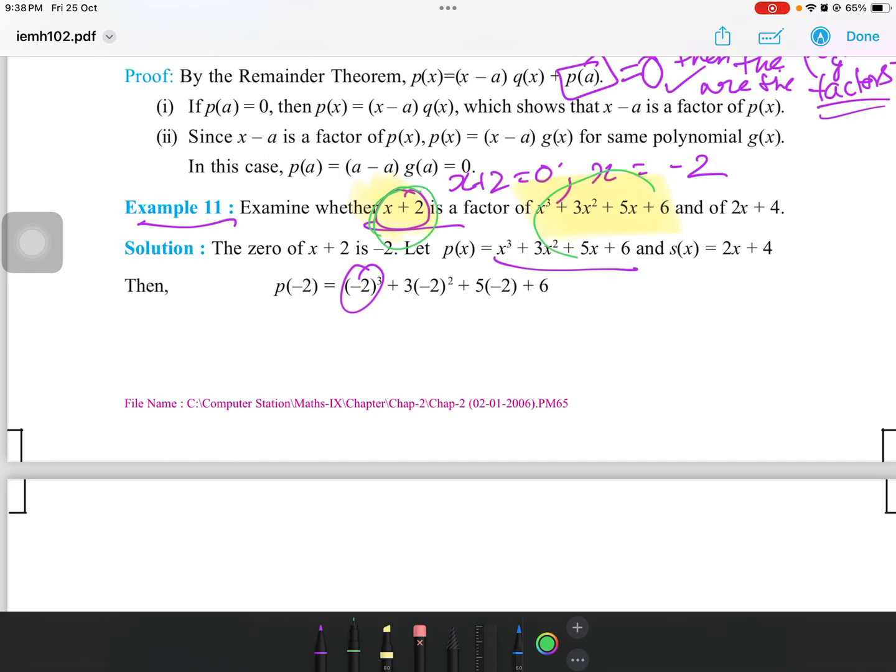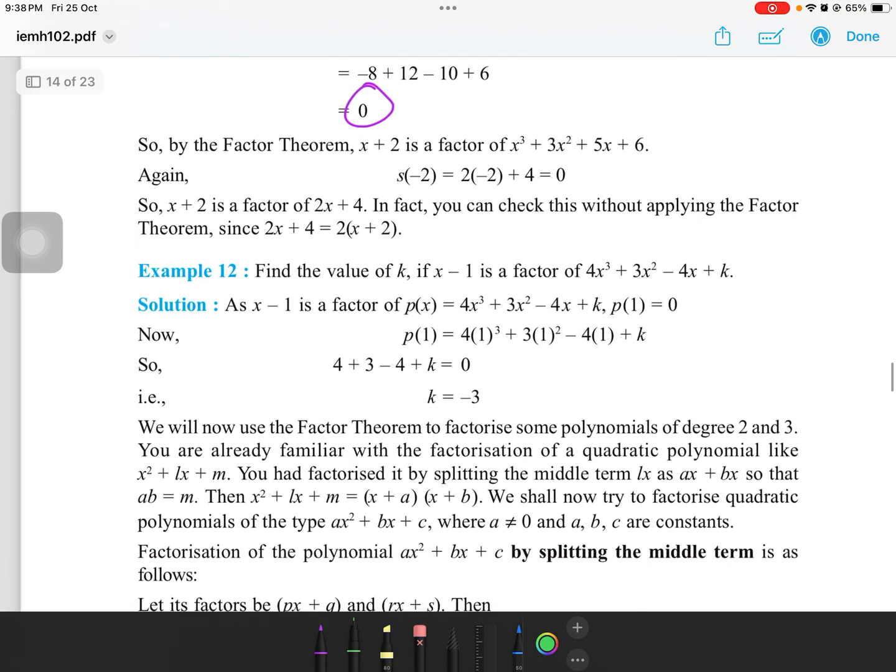This and this are factors of each other, because their remainder is 0.